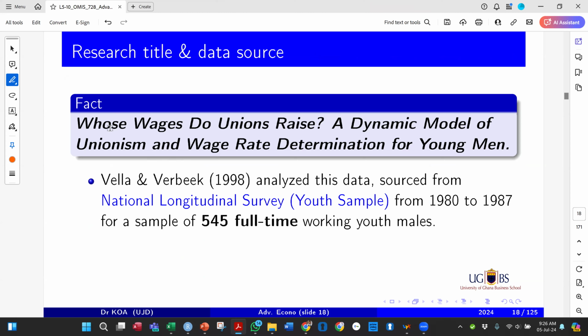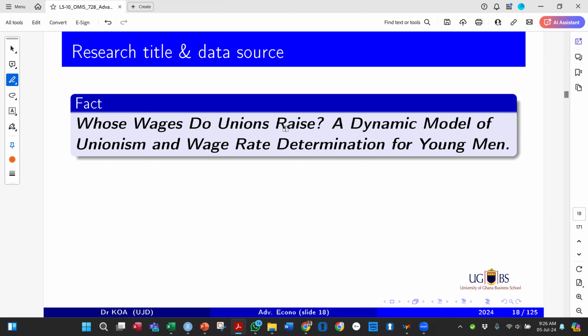The paper title was, Whose Wages Do Unions Raise? By the way, it's nice to understand this word union. When you're in a company, there could be a union formed, like the National Union of Ghana Students. You get a point? Yes. And the idea is that unions are very useful because when you belong to the union, it can fight for your right, isn't it? Yes.